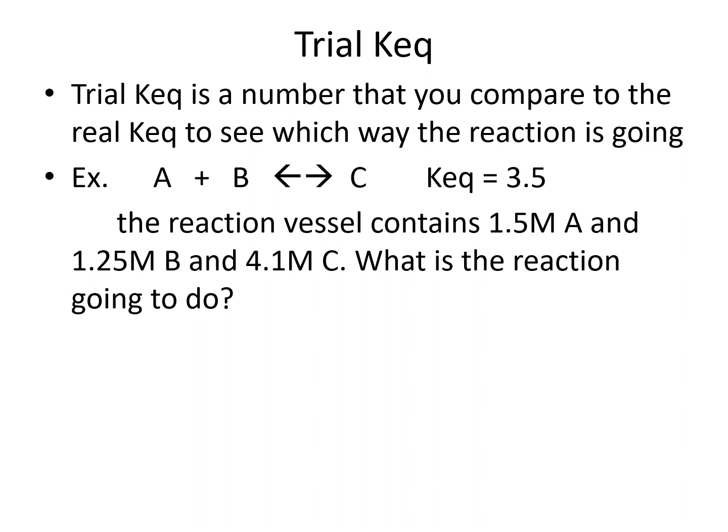So in the reaction, we have placed in the reaction vessel 1.5 molarity A, 1.25 molarity B, and 4.1 molarity C. And we don't know if it's at equilibrium right now, or if it needs to shift left or shift right.